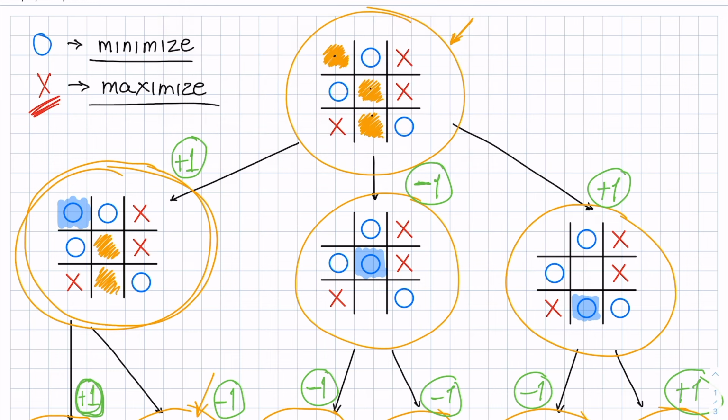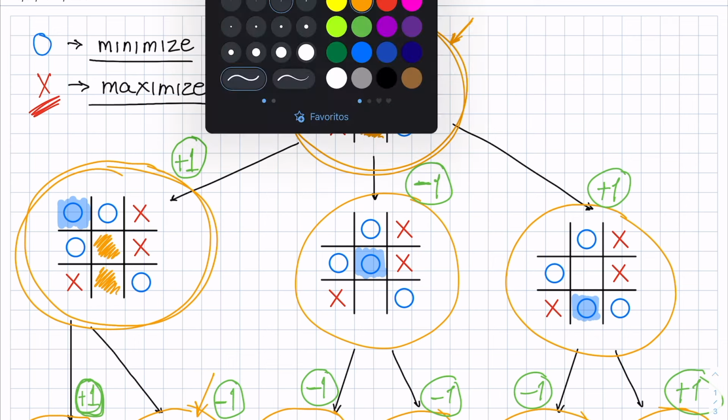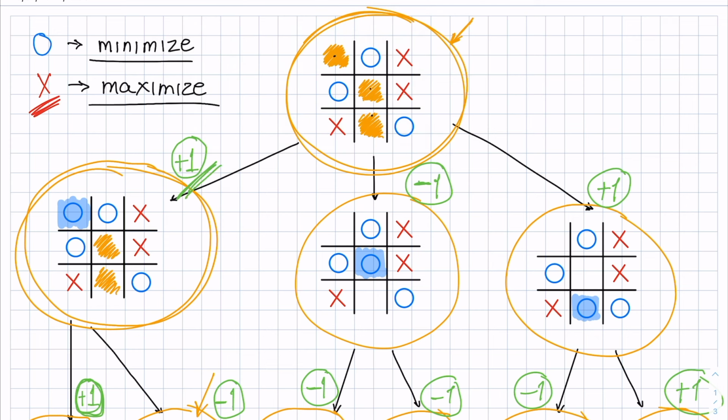Our main board, this one right here, has now completed all the possible branches and all the possible combinations, and it has three possible outputs: +1, -1, and +1.